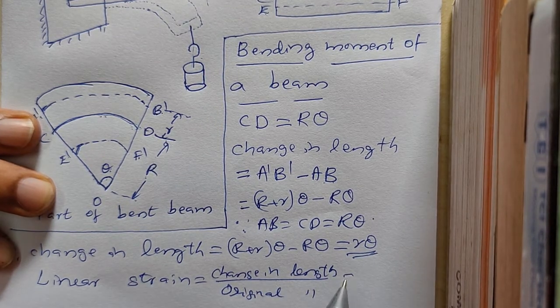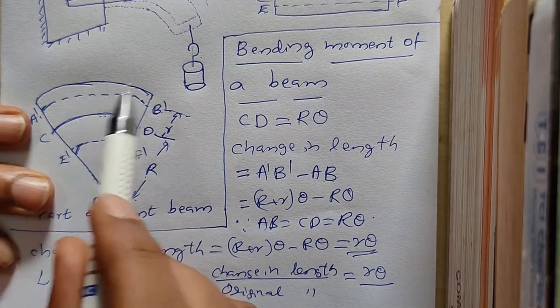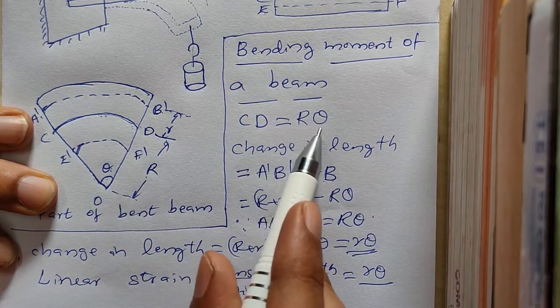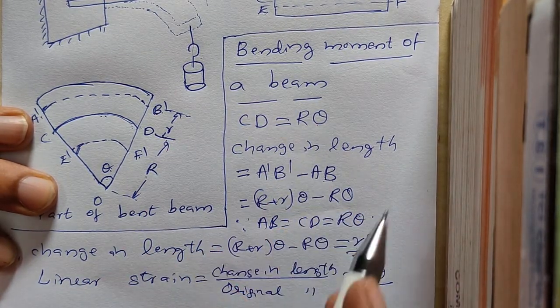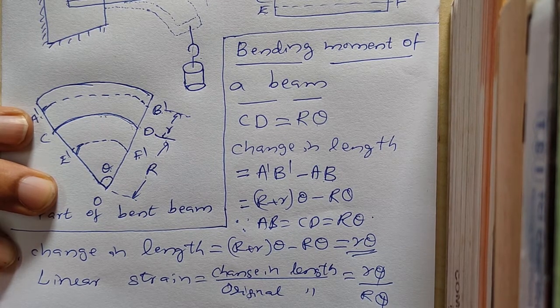So what's the change in length in this case? That's equal to r into theta. What about the original length of the filament AB, which was equal to CD? That's nothing but R into theta. So theta gets cancelled, and this is equal to r by R. So this is the linear strain.